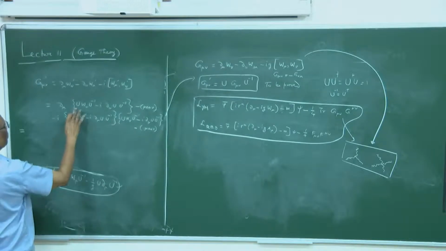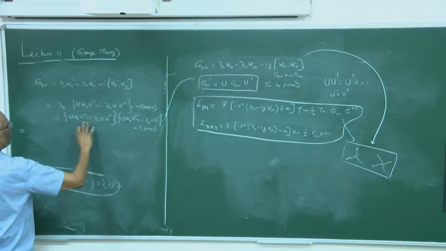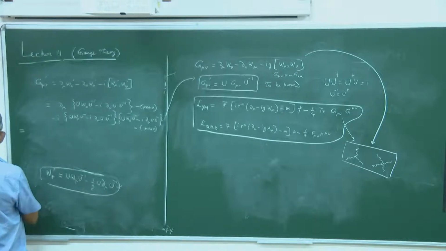Since derivatives are there, some more terms will come, and then you have to multiply these terms. So many terms are going to come.